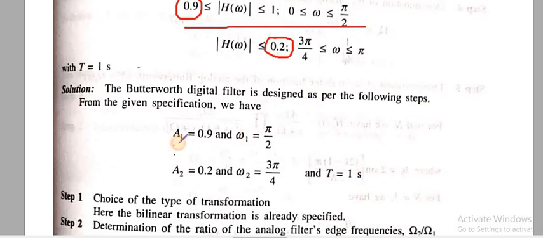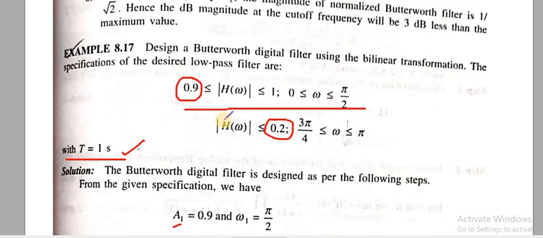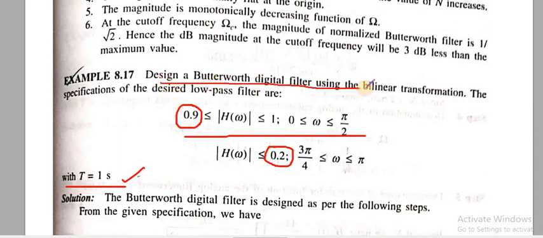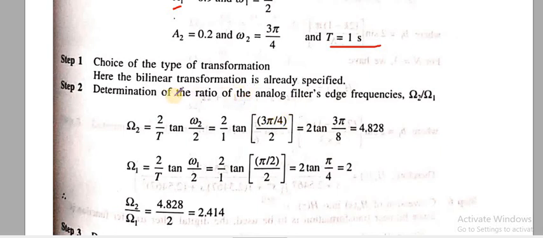Here they are represented by A1, A2, in this book, which is a scanned copy of a book. A1 is termed the passband gain, A2 is the stopband gain, and the corresponding omega is given. T is given as 1 second. Either T will be given or your sampling frequency will be given to you. In this problem, design a Butterworth digital filter using bilinear transformation. The specification is desired below.